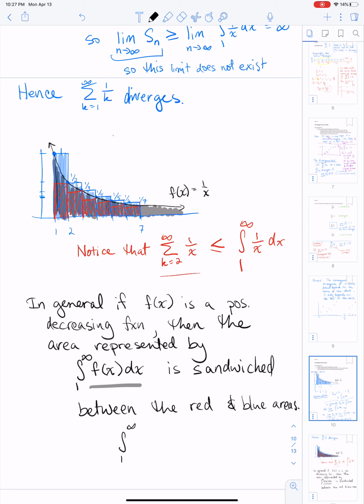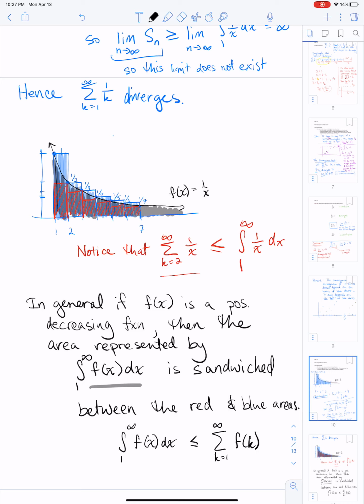Let me write that more specifically. The improper integral from 1 to infinity of f of x dx is always going to be less than or equal to the sum from k equals 1 to infinity of f of k.